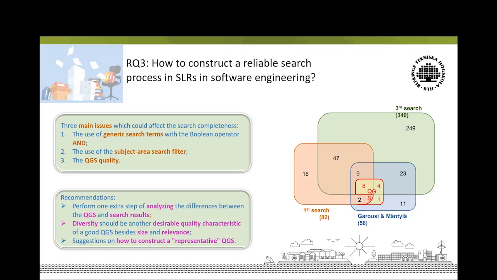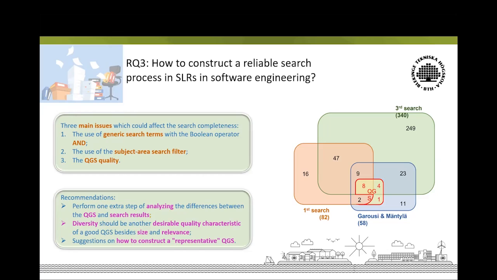But the problem is that sometimes the filter was not performed accurately. Therefore, some relevant papers got classified even as medical, while the topic is actually about software engineering. And the third issue, which is also very important, is the quality of the quasi-gold standard itself.